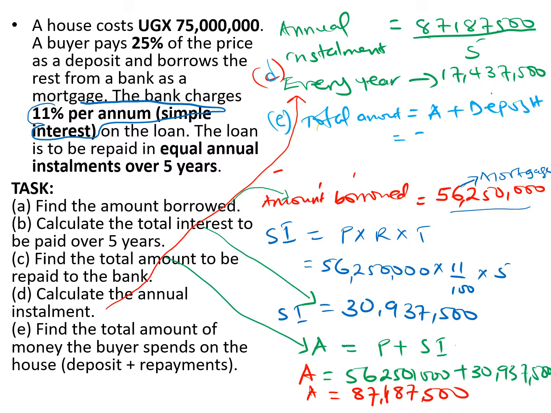The amount is 87,187,500, plus our deposit, which I calculated earlier as 18,750,000.